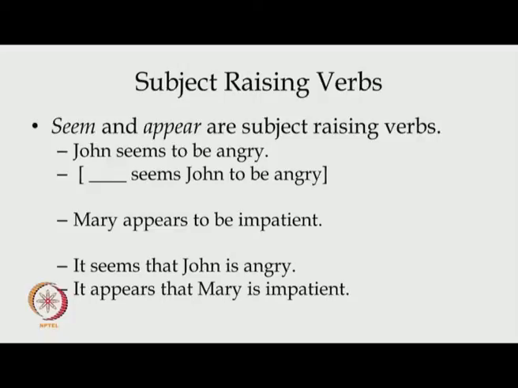So even though this phrase to be angry looks like a VP, actually it is an IP, and then the problem within that IP is the NP is missing. See the point? So this sentence should actually be John seems, space, to be angry. All right? That is to say, the spec of the lower IP is not available in this sentence. Are you with me? Okay.